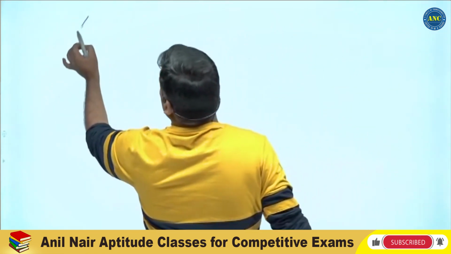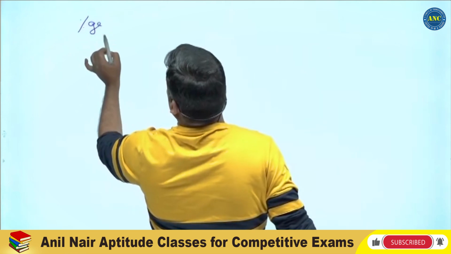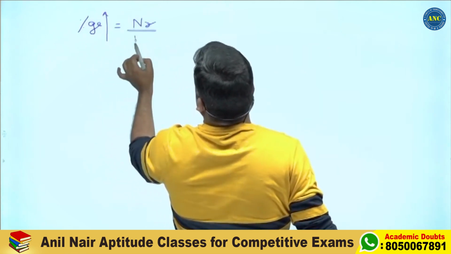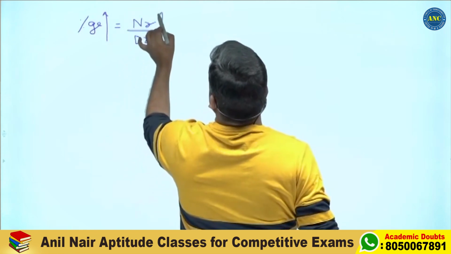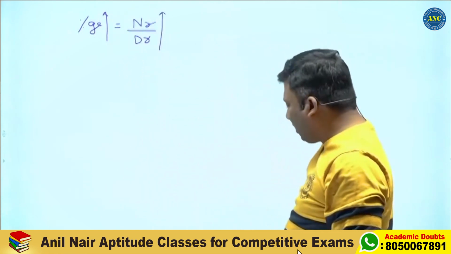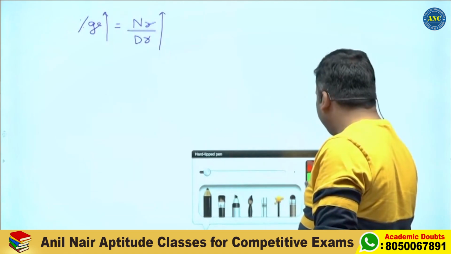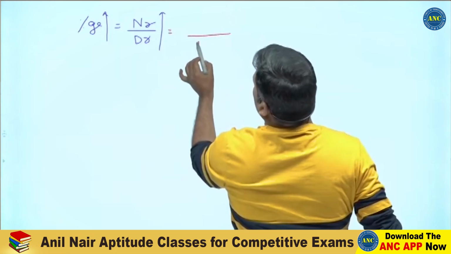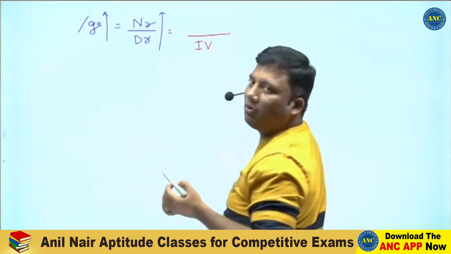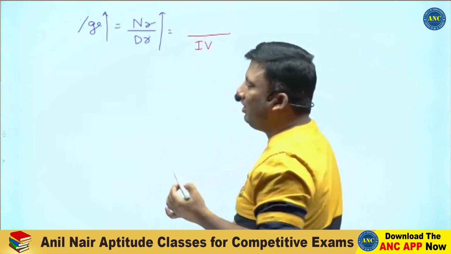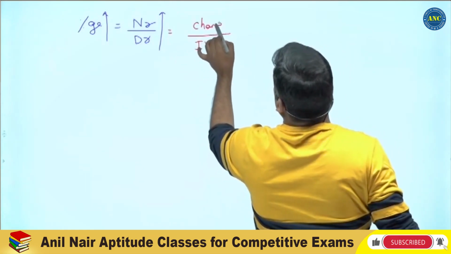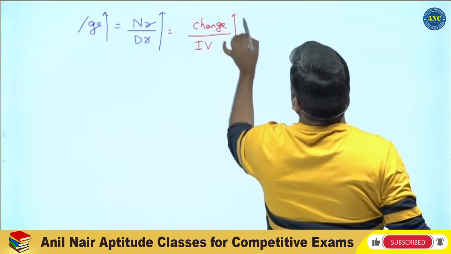Suppose a percentage increase is nothing but numerator by denominator increase. Now listen carefully. The denominator is the initial value. From now onwards, I will represent it as IV. The numerator is the change, and it is an increase.